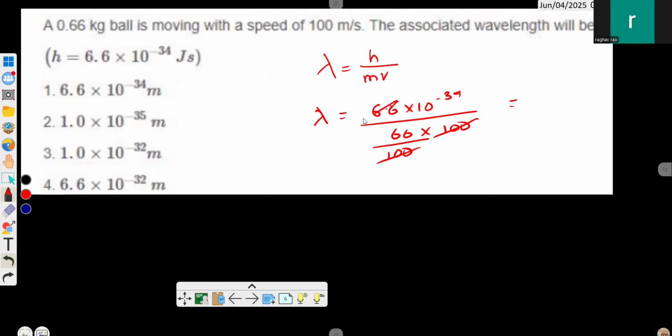I'll be left with 1.1 into 10 power minus 34. This can also be written as 1 into 10 power minus 35 meters. So the option would be the second option.